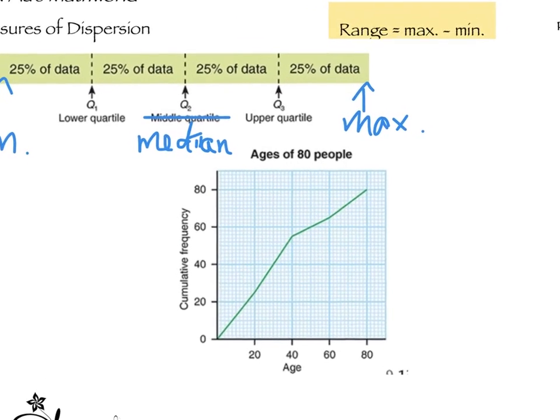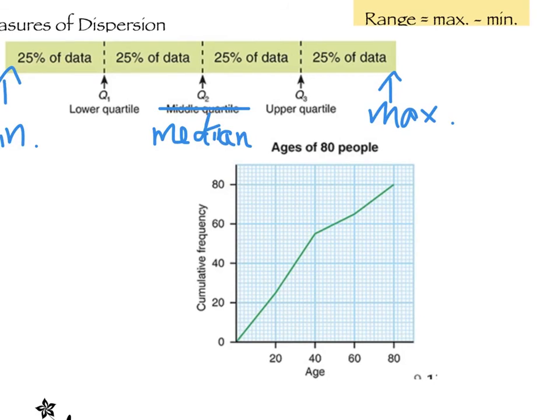For the maximum, this one is the greatest value, the number of people representing the greatest value. Then it goes to the x coordinate, so the maximum age is 80. And the minimum one, you will get 0.